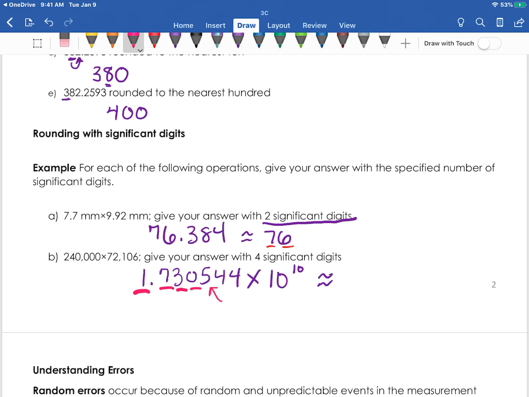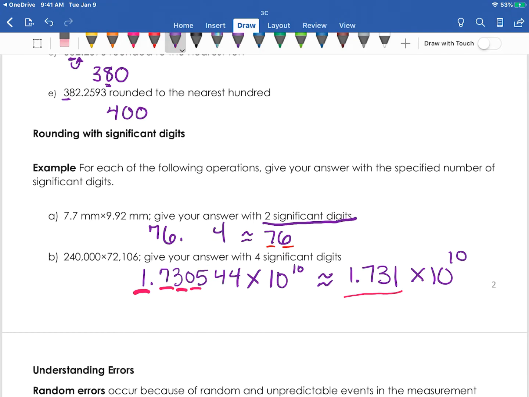Because this 5, that number is 5 or bigger, I need to round this 0 up to a 1. So I'm going to write down 1.731 times 10 to the 10. Now I have this written with 4 significant digits.